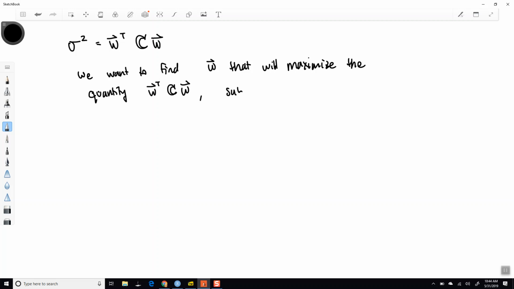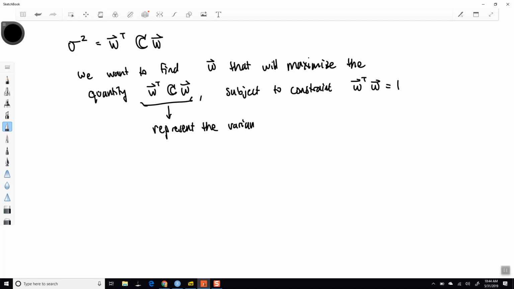Subject to the constraint that W transpose W is equal to 1. So we're not going to just pick the biggest W possible because that's cheating, right? So subject to the constraint that W transpose W is equal to 1, we want to find the W that's going to maximize this resulting quantity, because this represents the variance of the projected data.